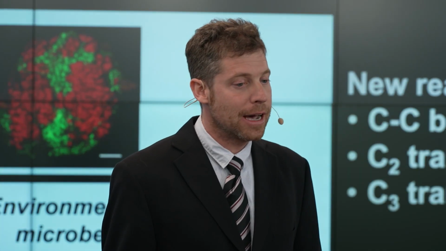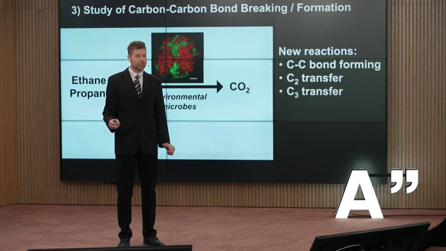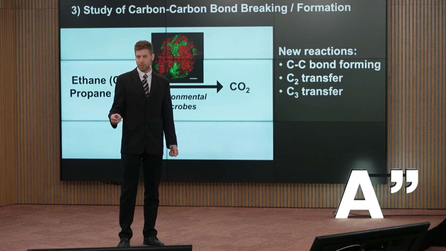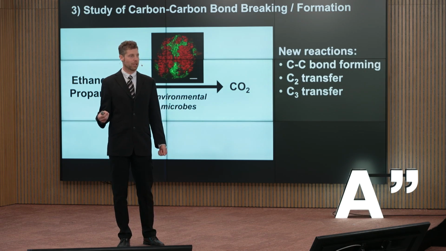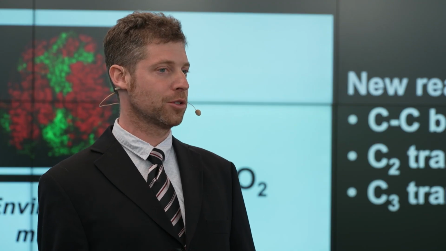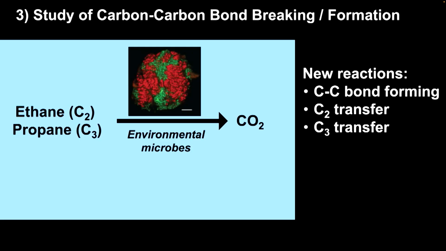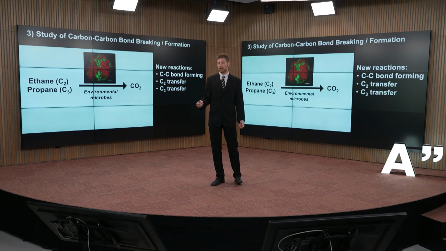Next, we study reactions to form carbon-carbon bonds, because carbon dioxide has only 1 carbon, so we need new tools to assemble carbon-carbon bonds. To do this, we get inspiration from nature. In nature there are actually microbes that do the opposite of what I want to do. They're microbes that convert ethane or propane to CO2.